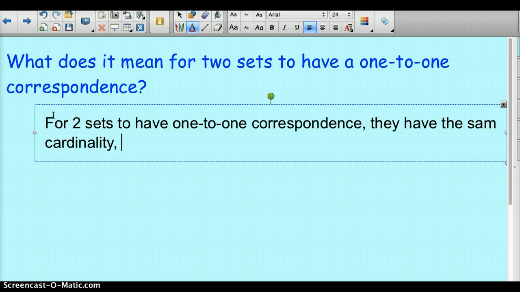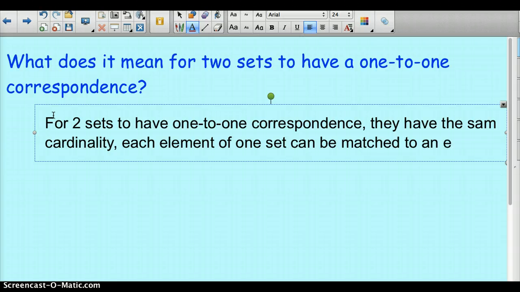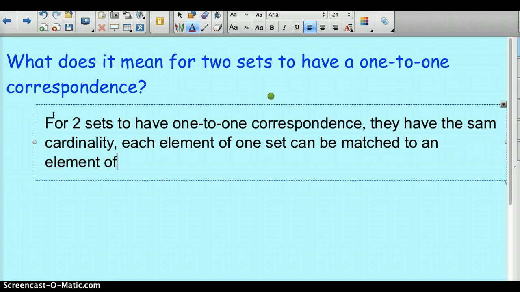That's first off, same number of elements. And second is each element of one set can be matched to an element of another set. Okay? It's kind of the idea, one-to-one. They have the same number of elements and you can match them. They have a match within their sets. And we will use a couple of examples to help illustrate this for you.